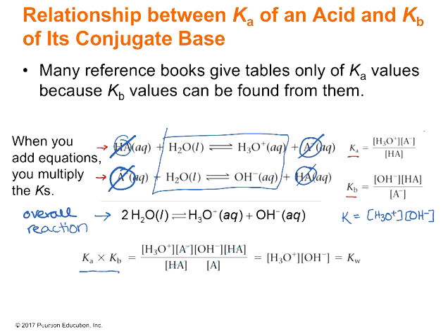So if we multiply those together, we find that certain things cancel again. A- will cancel because it's in the numerator and the denominator. And HA will also cancel. So again, we're left with the concentration of the hydronium ions multiplied by the concentration of the hydroxide ions. Now, at the very beginning of chapter 16, we said that that was equal to something called the ion product constant of water, or Kw.